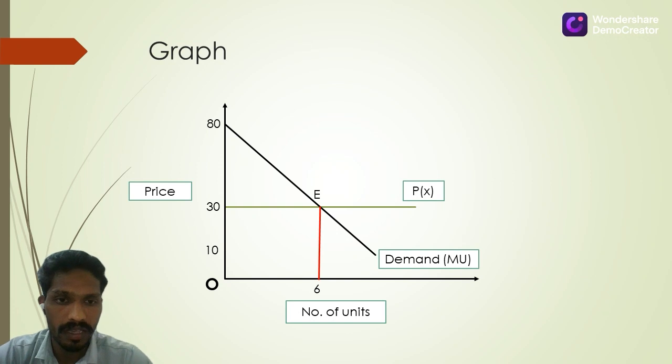We plot the number of units on the x-axis and the price on the y-axis. The sixth unit is the last unit where consumer surplus goes to 0, and the equilibrium price is 30.